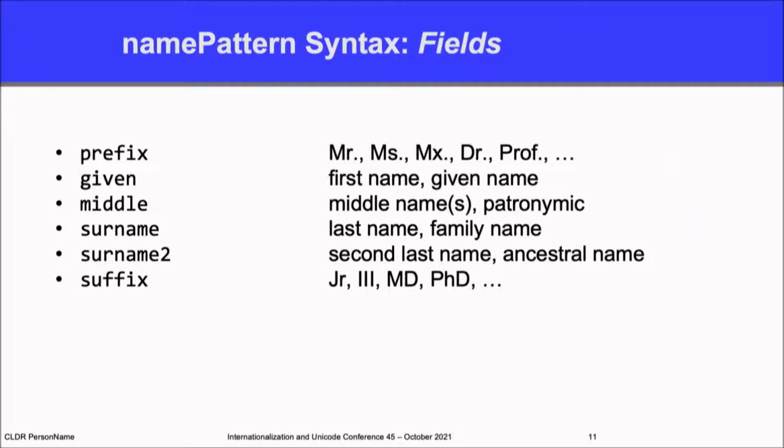So the fields we have to describe for a name object that goes in are your prefix, so that would be in English like your Mr. or Mrs., etc. Your given name, the middle name if it's present in your particular locale, surname, and a nod to surname 2 because it's been found in lots of places, and we're seeing that in HR databases and things of that sort, and also as a requirement for legal names in a number of Hispanic regions.